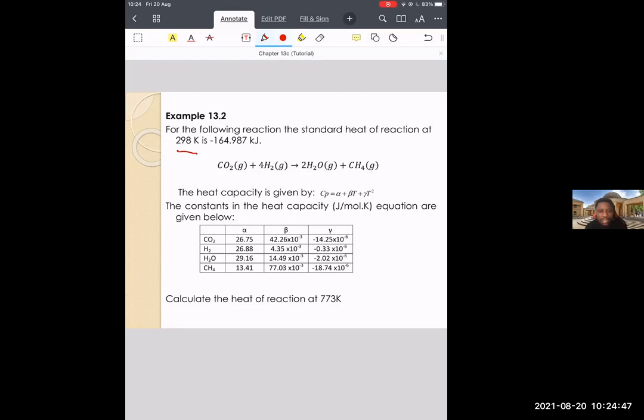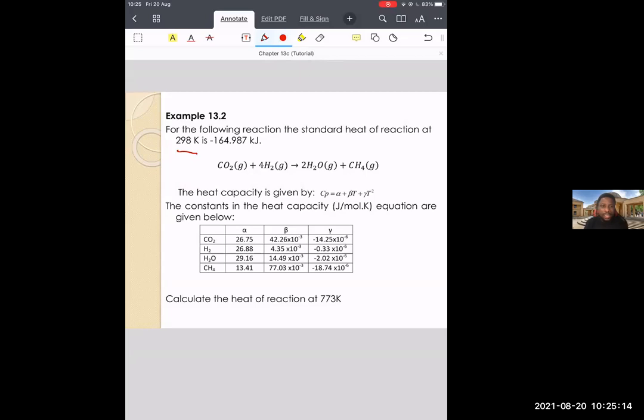The heat capacities, Cp, if you remember, we saw this yesterday, relating heat capacity, temperature, and enthalpy. We looked at how we can relate heat capacity, temperature, and enthalpy, and that is what this is looking at.